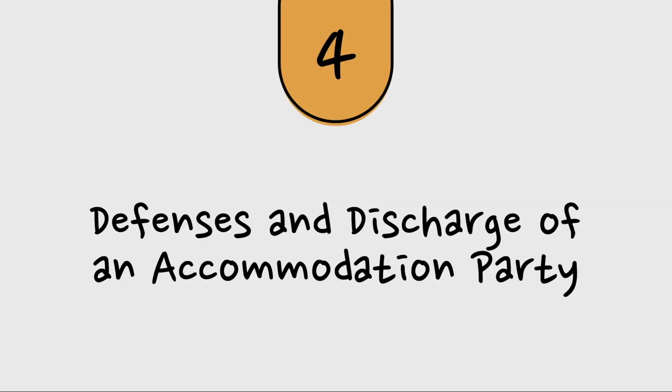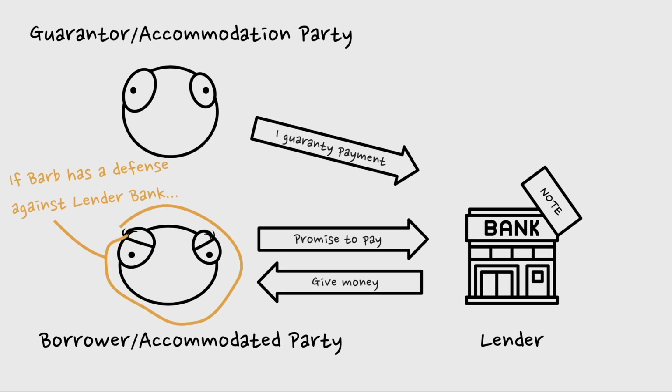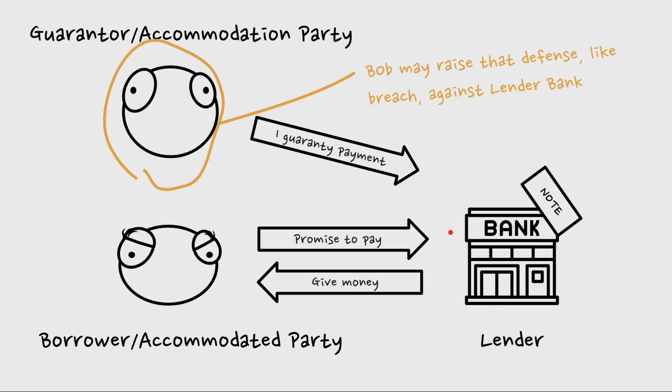Simple, but then on to defenses and discharge of the accommodation party. So defenses first. In one respect, this is pretty straightforward, which is to say, if Barb has a defense against the lender, the bank, then Bob may assert that defense against the lender as well.